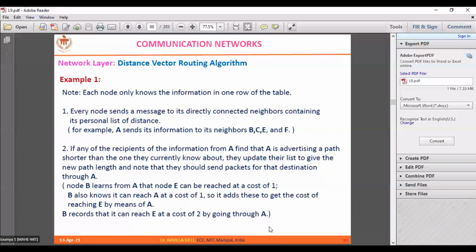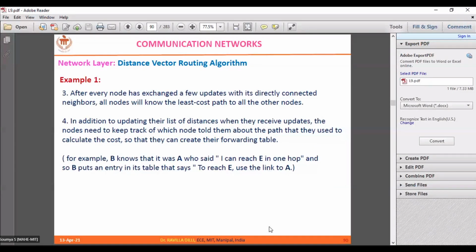Okay. So then what happens after every node has exchanged a few updates with its directly connected neighbors? Finally, all the nodes will know the least cost to all the other nodes, because what I am sharing with you itself is the least cost to my neighbors, right? You are going to use that to find out the least cost to your neighbors also.